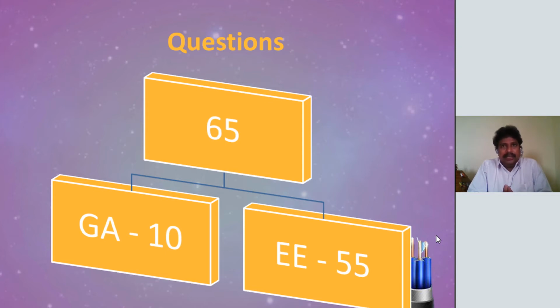Here the stream is electrical engineering because we are talking about electrical engineering. Out of the 65 questions, 10 are from general aptitude. That means these 10 questions are common for all candidates, and the remaining 55 questions are specific to the stream of engineering in which the student is appearing in the GATE examination.